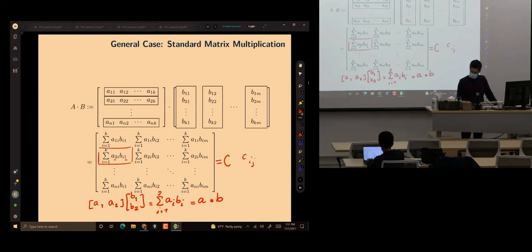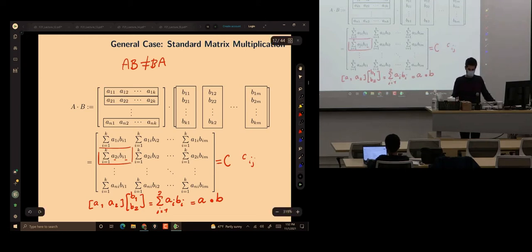We also learned, and verified in different ways, that matrix multiplication is non-commutative. You cannot just change orders when you're multiplying matrices. This is, in general, not true. You can pick two matrices and try it. Most of the time, it doesn't work.